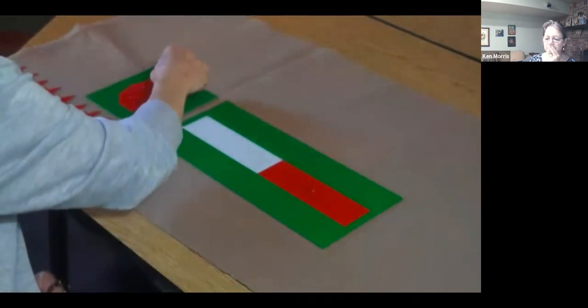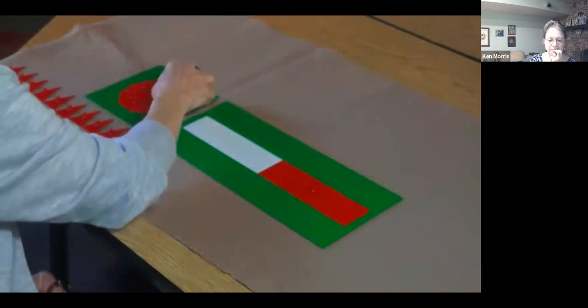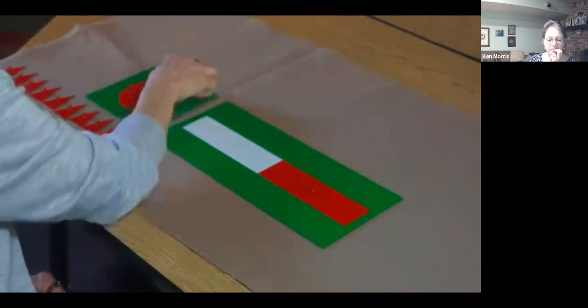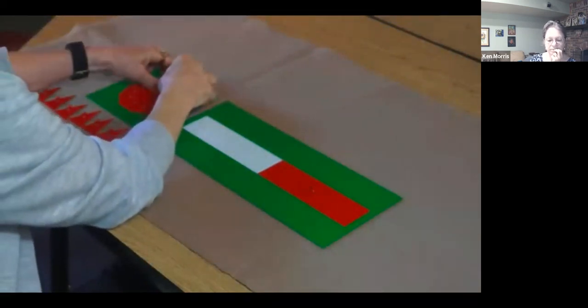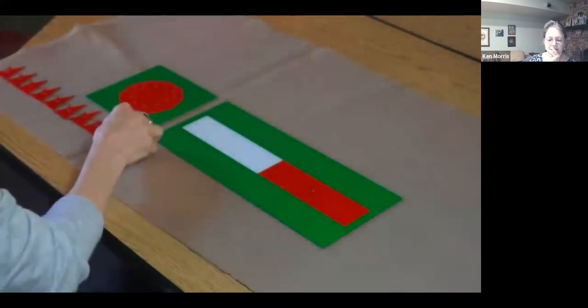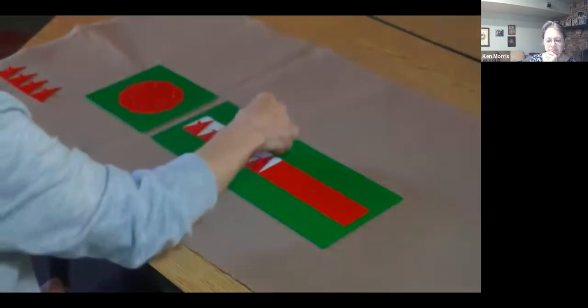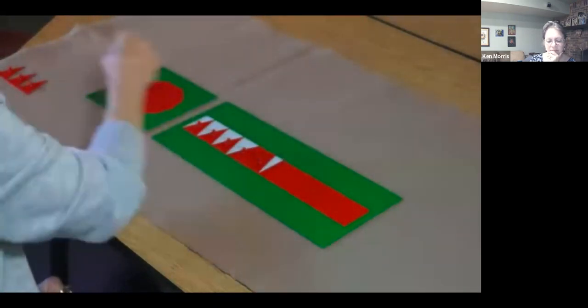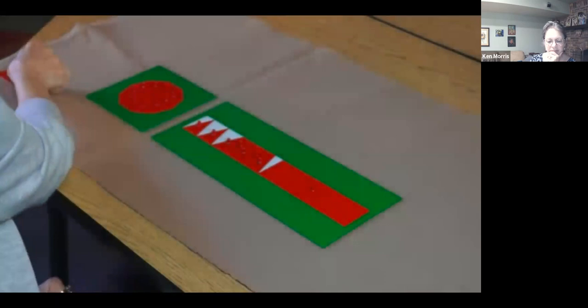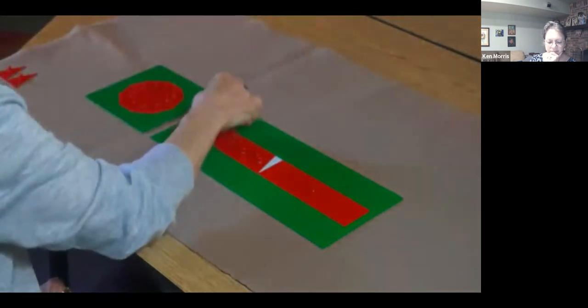Ta-da! And here I show that they fit into the frame of the decagon. I can take the pieces from the decagon and show that they fill the frame of the rectangle.